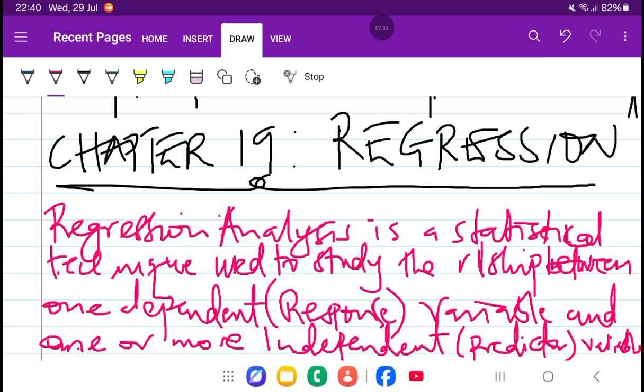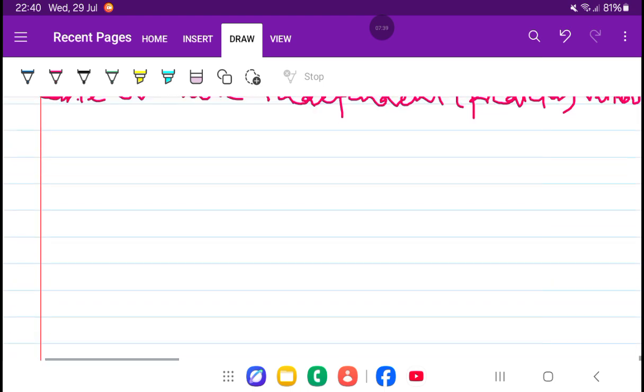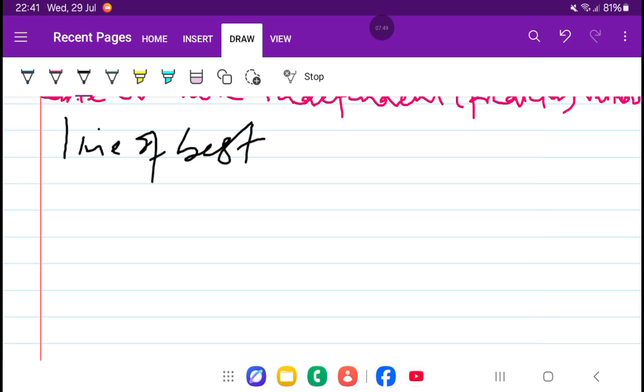So, once we have drawn our scatter plots, it's always important for us to draw what you call a line of best fit. If time allows, we shall look at how we can practically draw it, because there are two options of drawing a line of best fit.